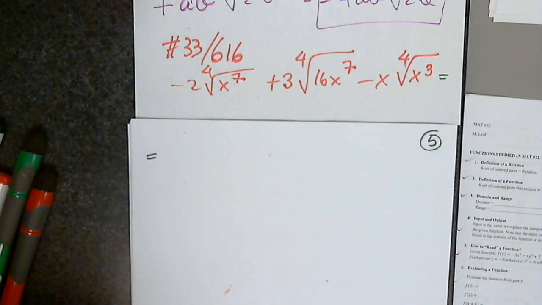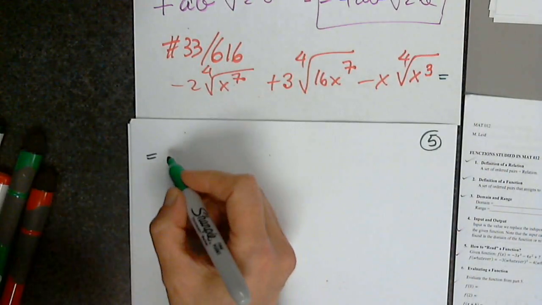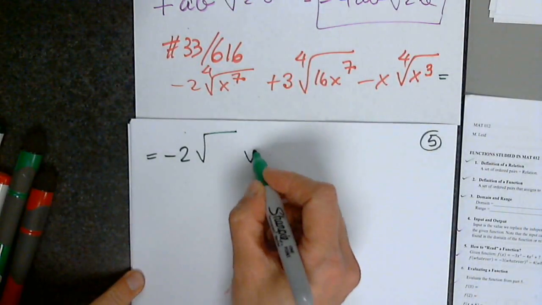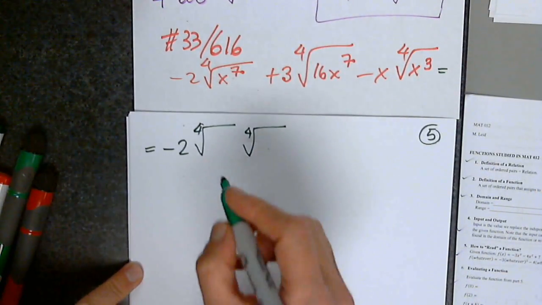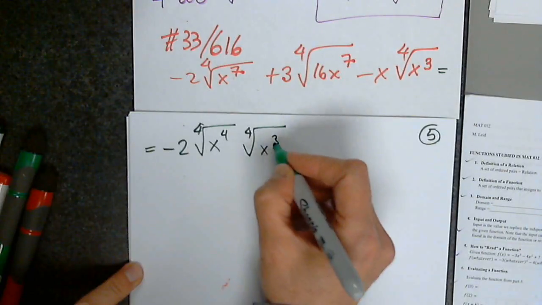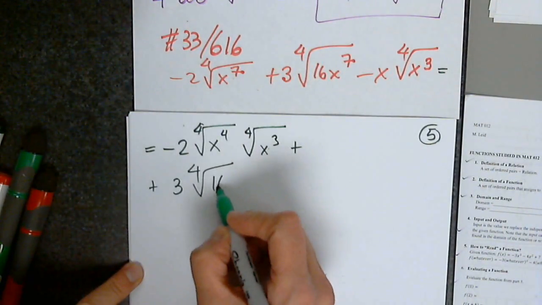Do we need more time? Okay, so I'm looking at the first one. Again, 4 dictates. I have 7. What do I do with that? Plus 3. Then I have the fourth root of 16.